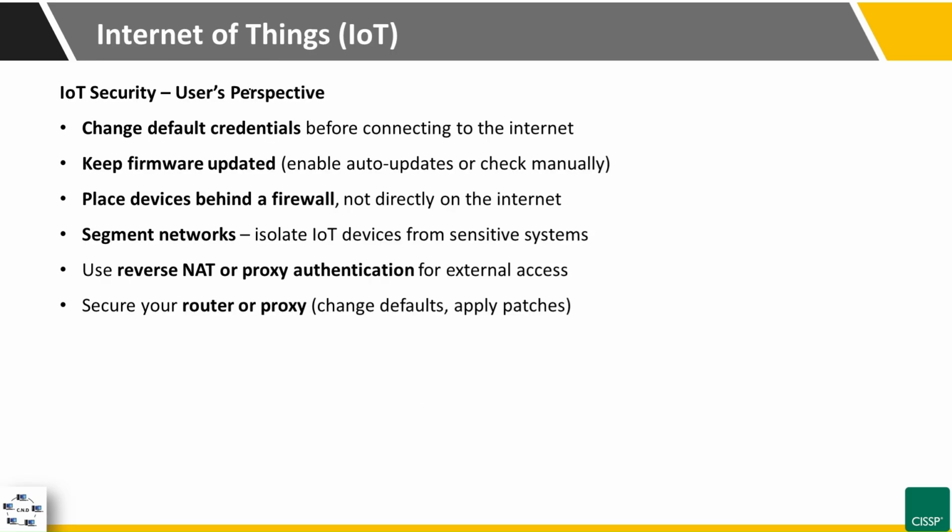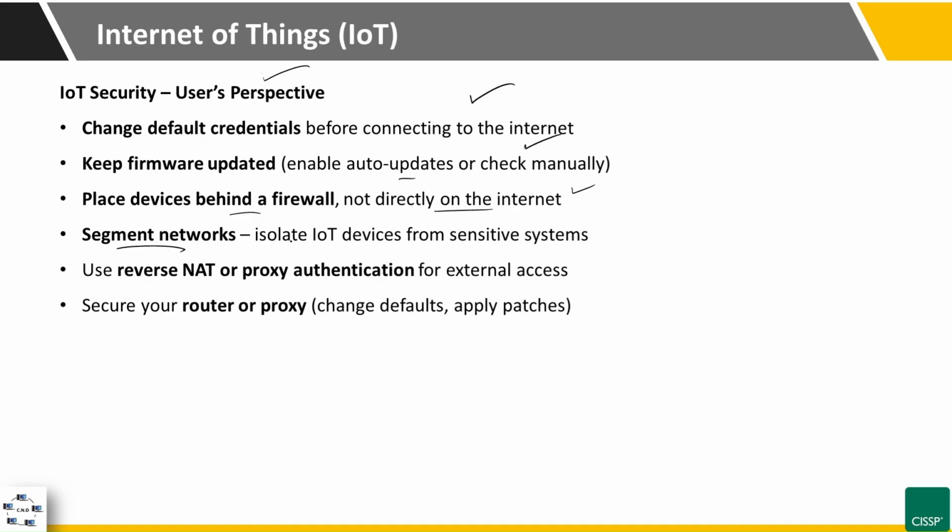So, what about IoT security from the users' perspective? Again, change default credentials before connecting the Internet of Things devices to the internet, and keep the firmware updated. The best thing is to enable auto updates, or you can also check manually if this is not possible. Place all the IoT devices behind a firewall, and they should not be directly connected to the internet.